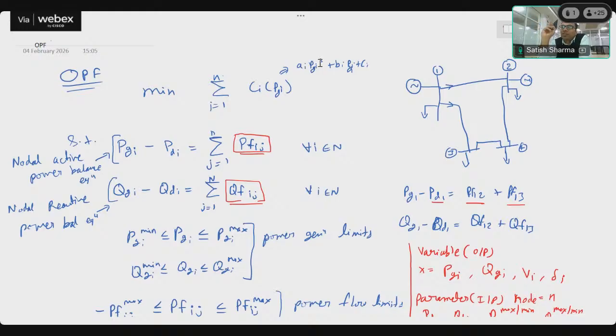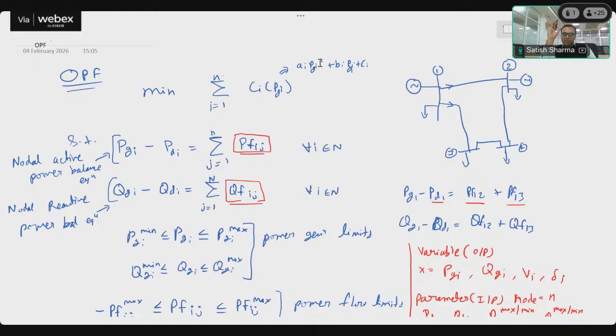I have to look for that only, because that variable is the only one affecting my objective function in this formulation. So PGI is the decision variable, and the rest of the variables should directly or indirectly depend upon PGI. Otherwise, if some variables are not affecting PGI, they can obtain any value. It will not change my objective function, which is cost, and it will not affect anything at all.